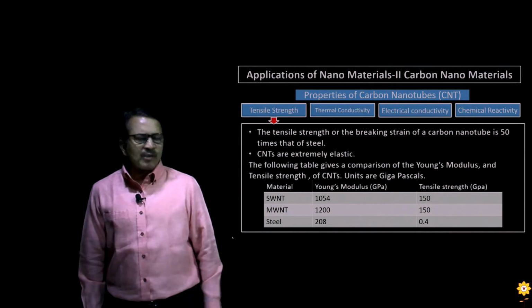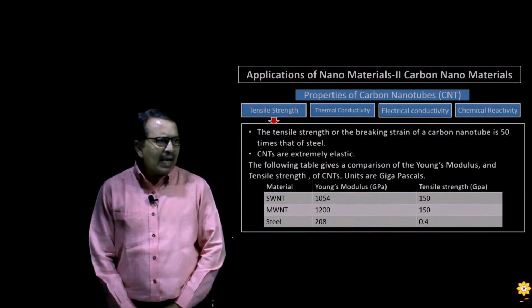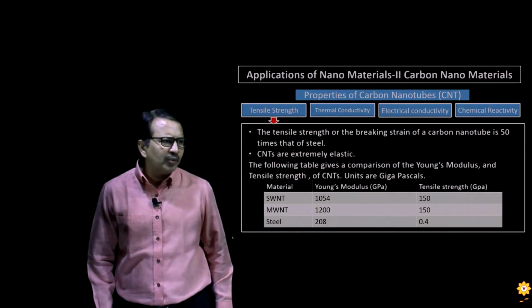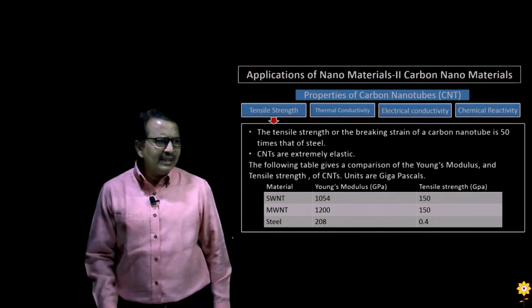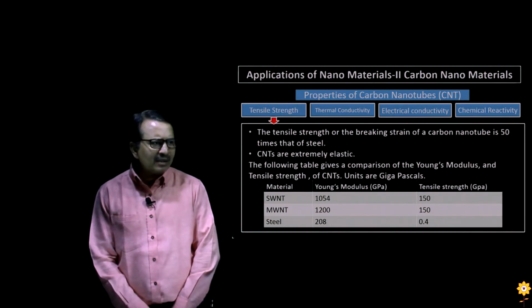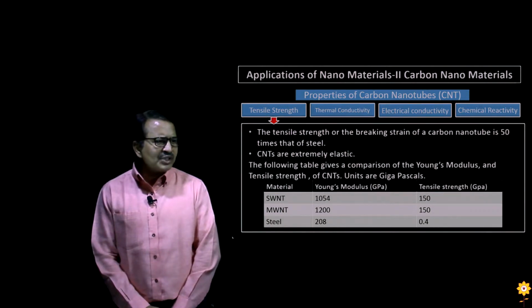So here is the first property of the carbon nanotubes, and that is the tensile strength. The tensile strength or the breaking strength of a carbon nanotube is 50 times that of steel. Not only that, but CNTs are extremely elastic. The following table shows a comparison of the properties of single wall nanotubes and multi-wall nanotubes as compared with that of steel.